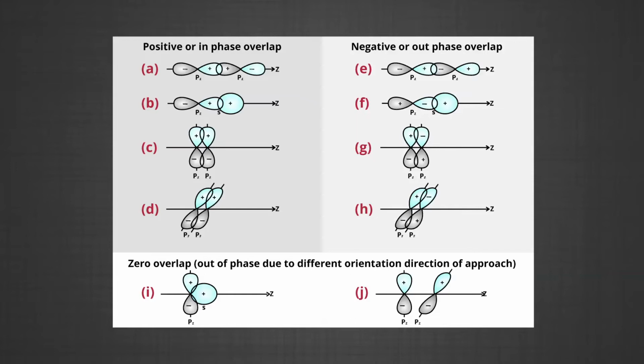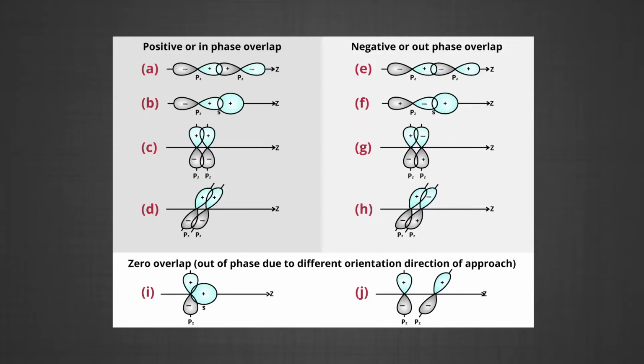The positive and negative signs on the boundary surface diagrams depict the phase of the orbital wave function, and they are not related to charge. Orbitals forming bonds should have the same sign, that is phase, and orientation in space. This is called positive overlap.